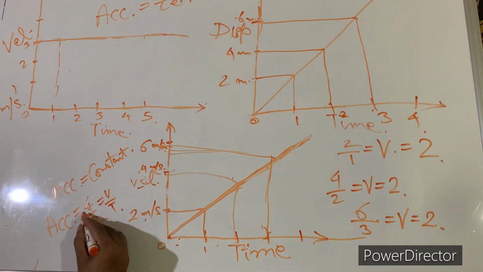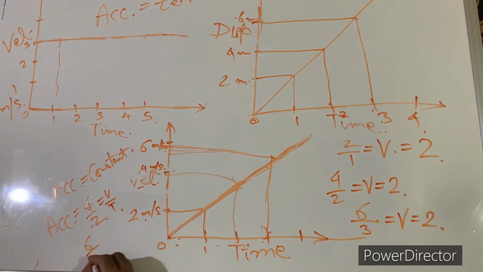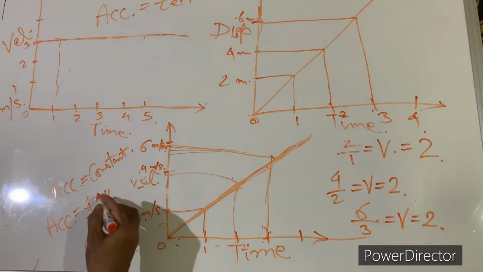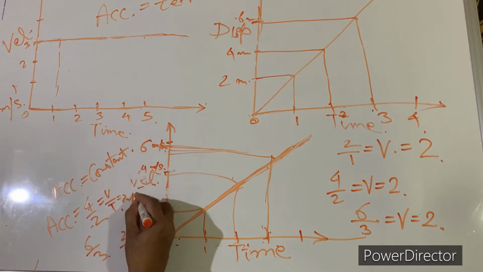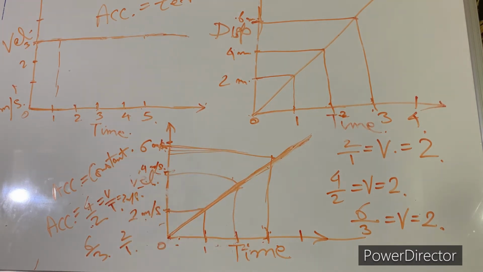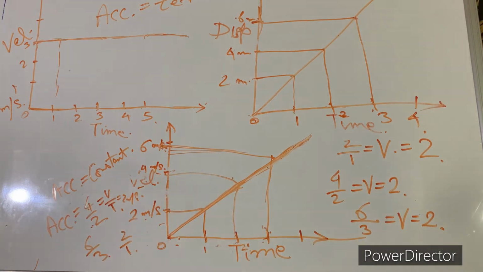We can take it as 4 by 2, or 6 by 3, and similarly here 2 by 1. So we notice that the acceleration in each case has come out to be 2 meters per second square. Understood? Hope you have understood the 4 different graphs I just have drawn and shown you the difference.